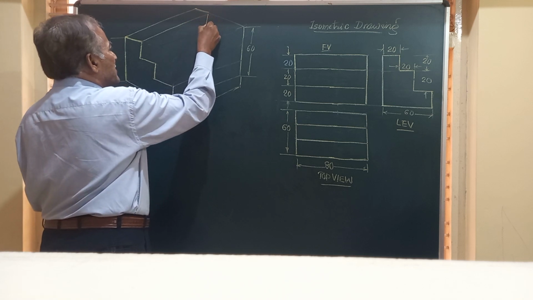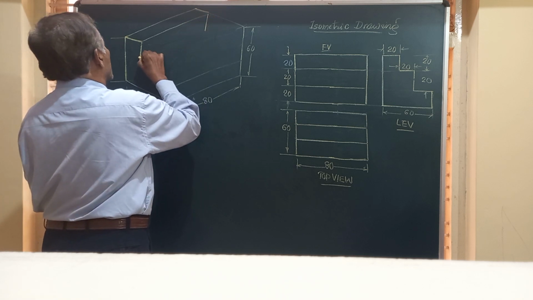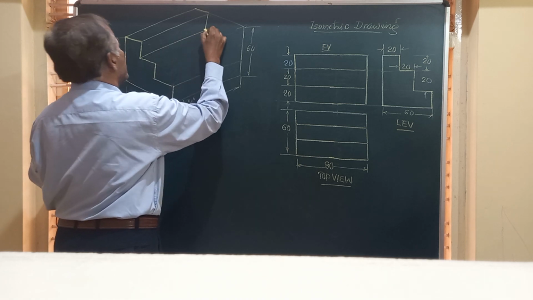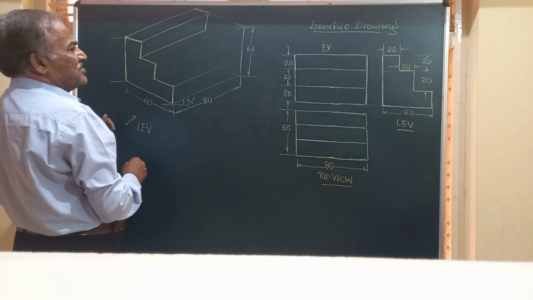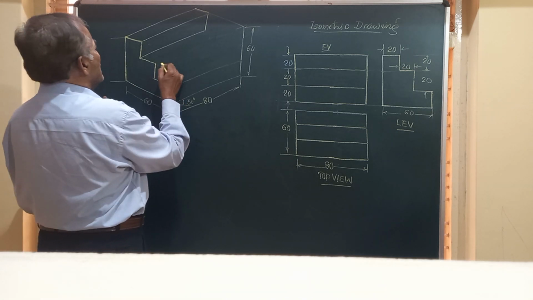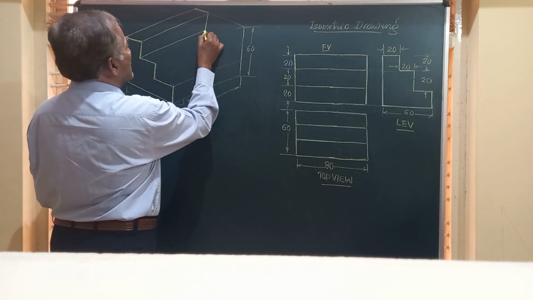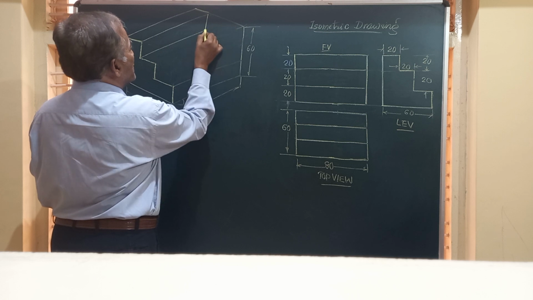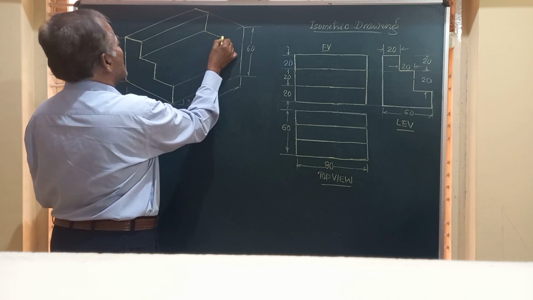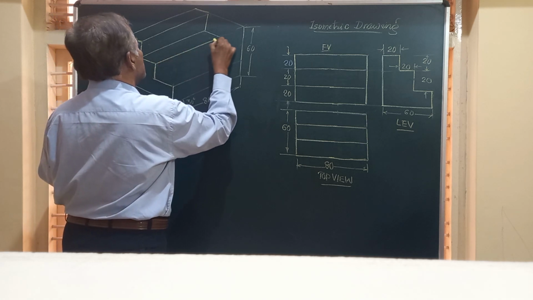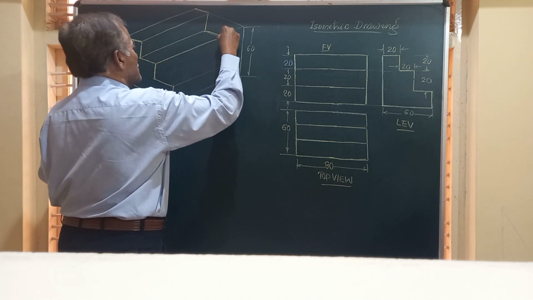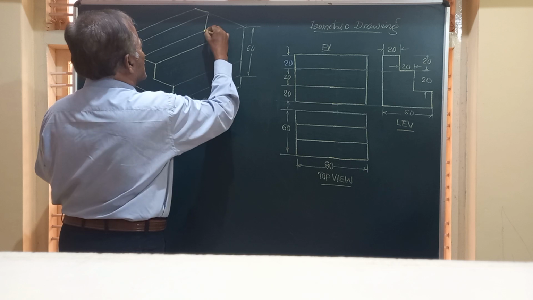So I draw a vertical line from there and a horizontal line from here, the line at an angle of 30. So this is going to be a step. Repeat the procedure, friends. You have a horizontal line here, a line parallel to the edge here, and this width is the same as this. So you will have one more step here.